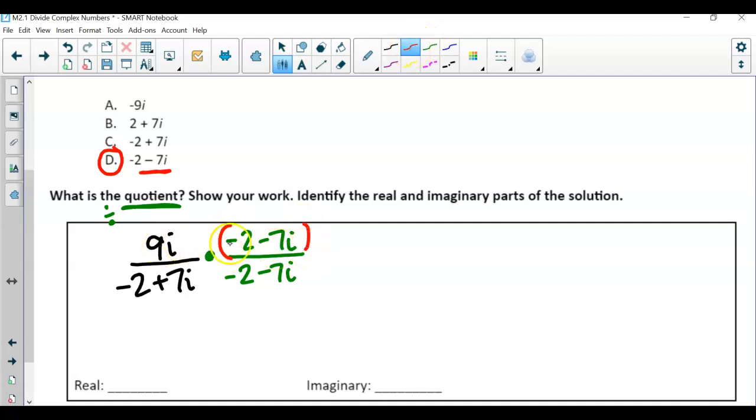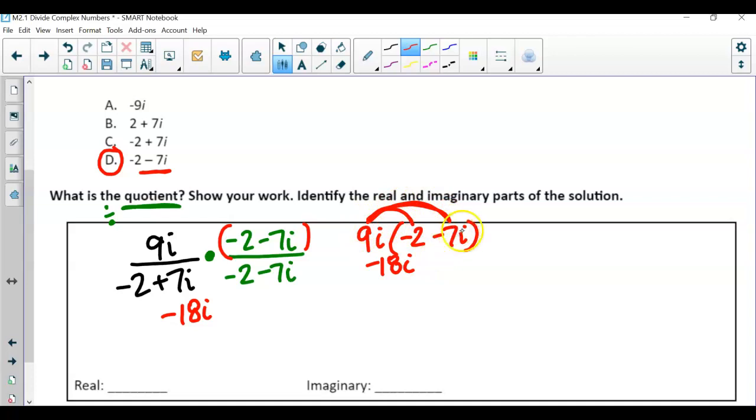Notice how we're distributing a 9i. So 9i times negative 2 minus 7i here. So 9i times negative 2 is negative 18i. Then 9i times negative 7i.